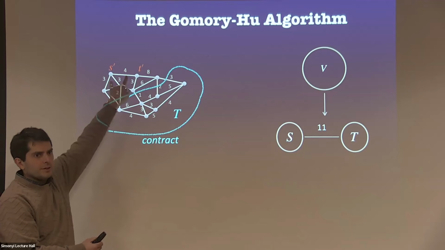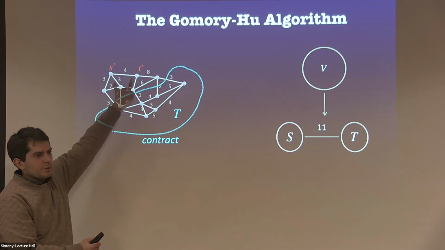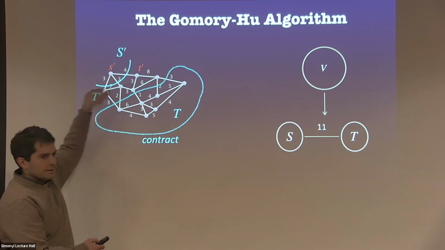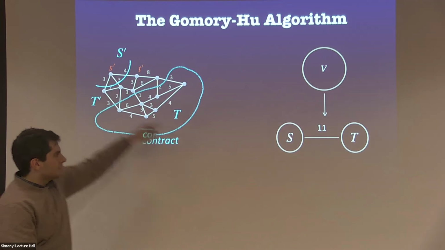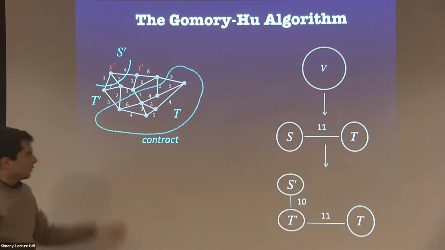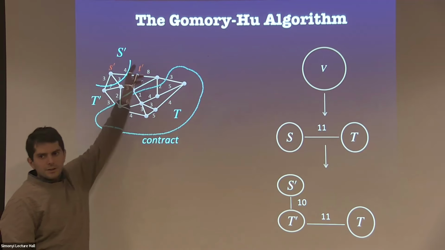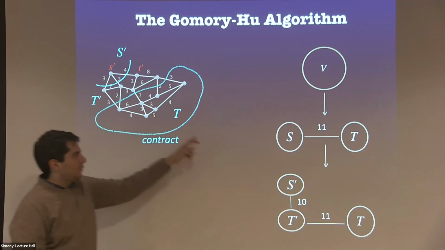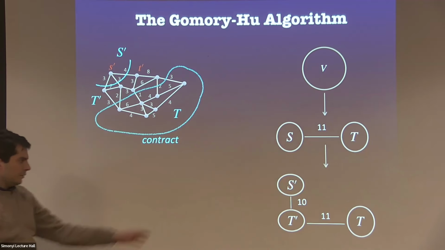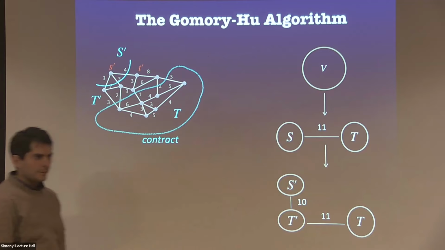You pick a new arbitrary pair, and find the minimum cut between them in the contracted graph. Say this is the new cut, and you use it to make progress on S. The contraction is very important so that the cut you find doesn't mess up the other side. So you end up with a clean tree structure.